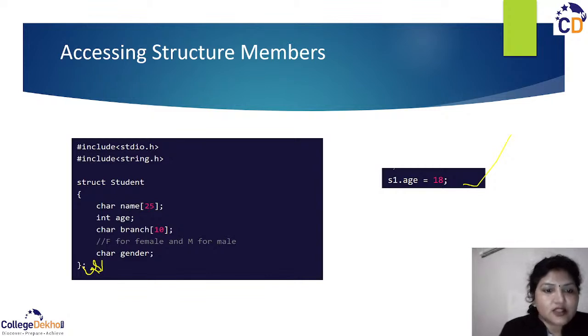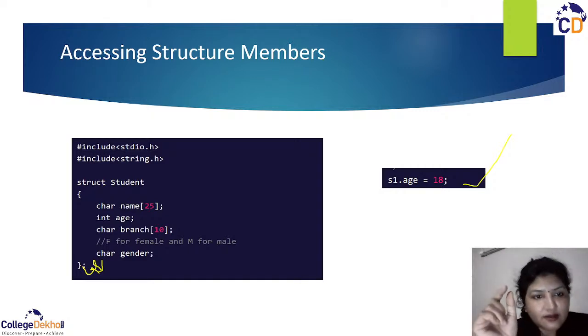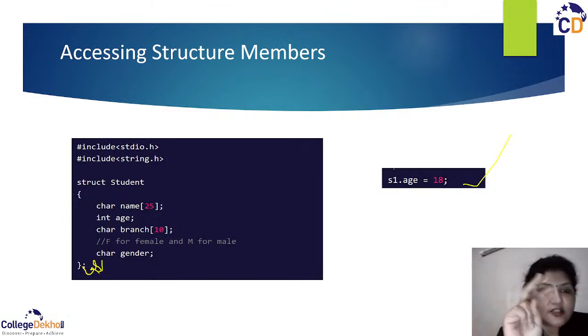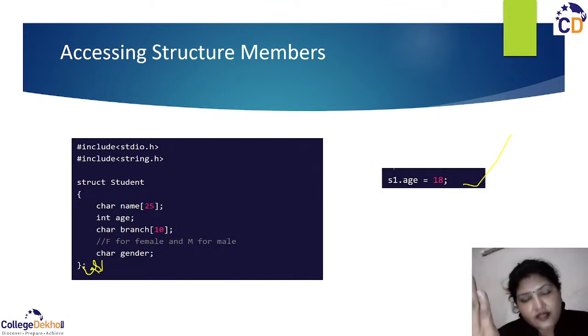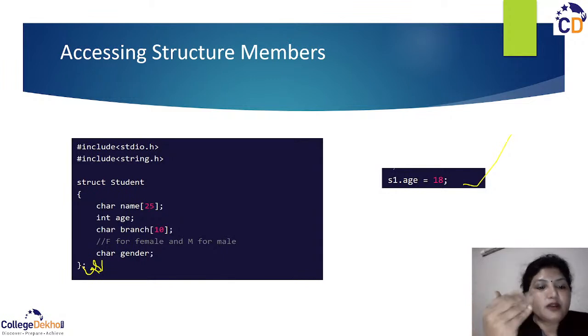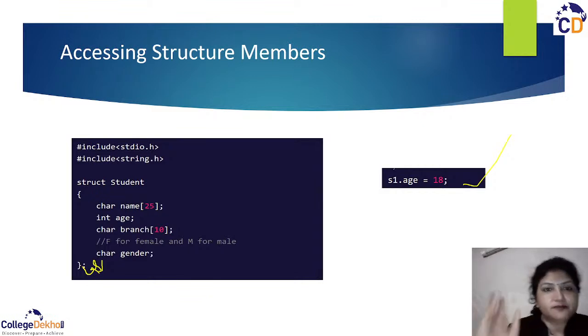In this structure we have the same member variables, we have defined the structure variable as S1, and now S1 dot age. So dot is the operator which is basically the linkage between the structure and the structure variable, right? And then it assigns whatever value you want in the particular variable. So the dot symbol is used to connect the structure and the structure variable.